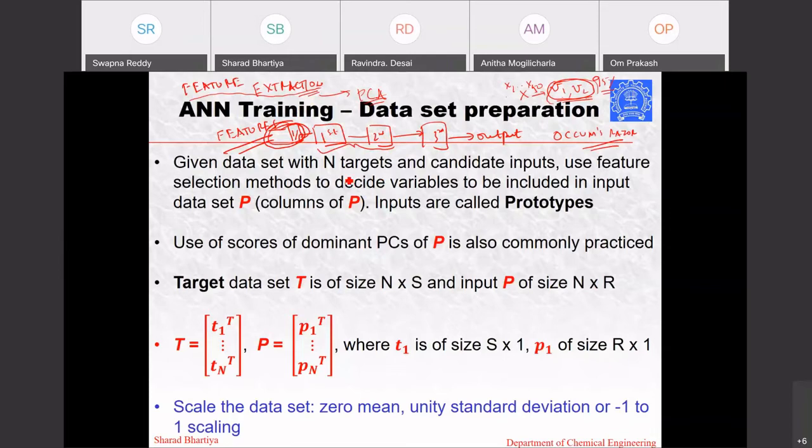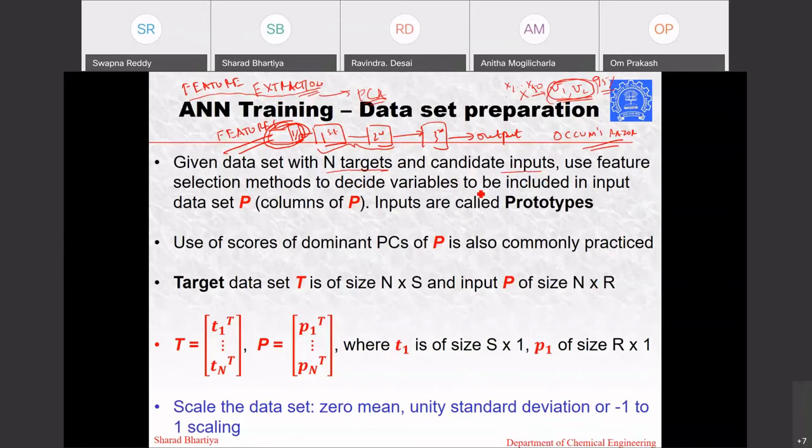All right, so let's take a look at what the inputs and outputs are. You have n data points, so you have n targets. The output in your training set is known as the target. That is what you are trying to get your neural network to emulate. And you have candidate inputs.